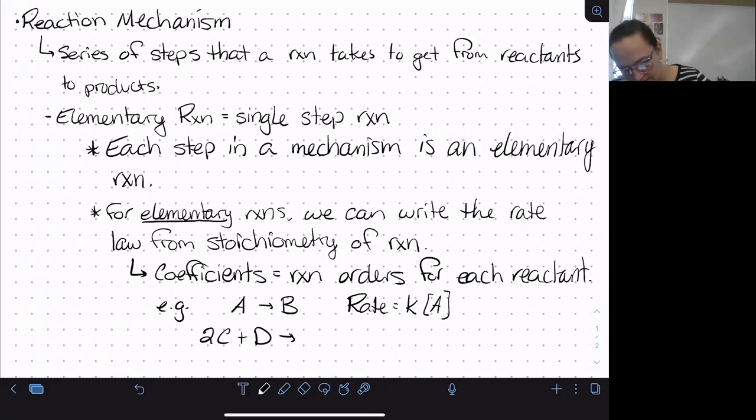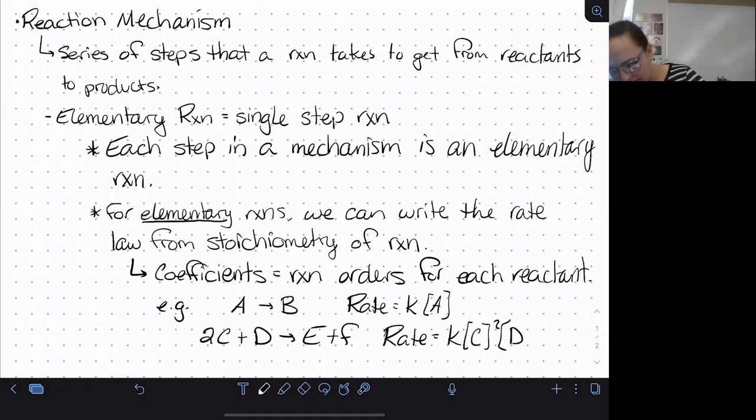If we have 2C plus D forms E and F, we can write the rate law, if we know this to be elementary, as k times C squared times D. Whatever our coefficients are become the reactant orders. So this 2 tells me it's second order. My invisible 1 becomes an invisible 1 exponent, telling me that it's first order.